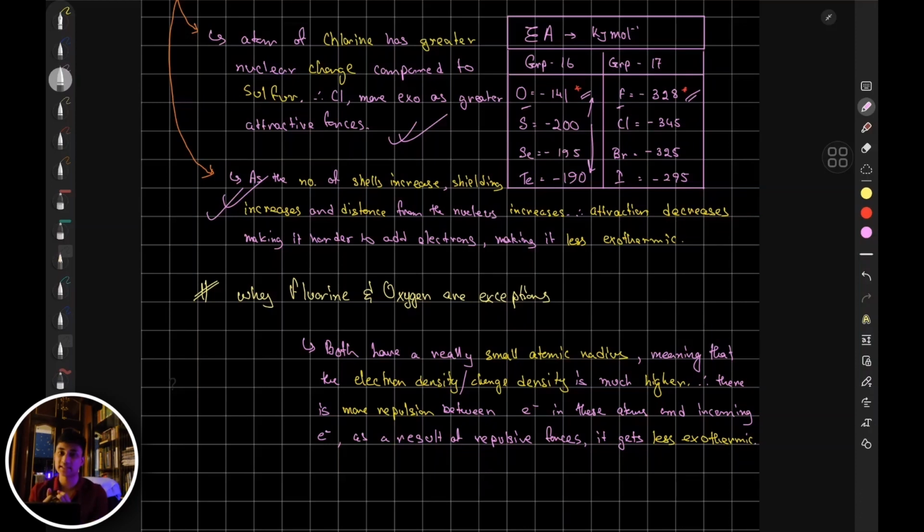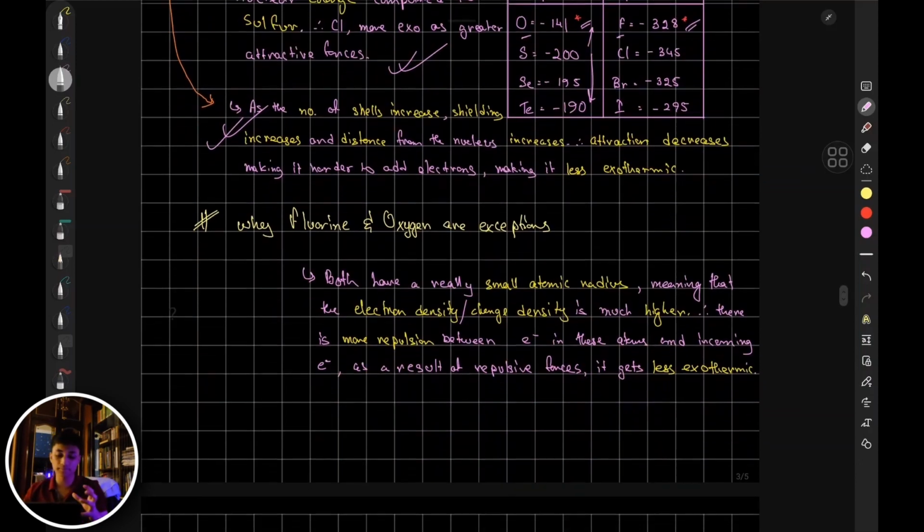The negative charge density is far greater. So, since the negative charge density is greater, the attractive forces decrease. It cannot attract the electrons as strongly as it should have been able to.